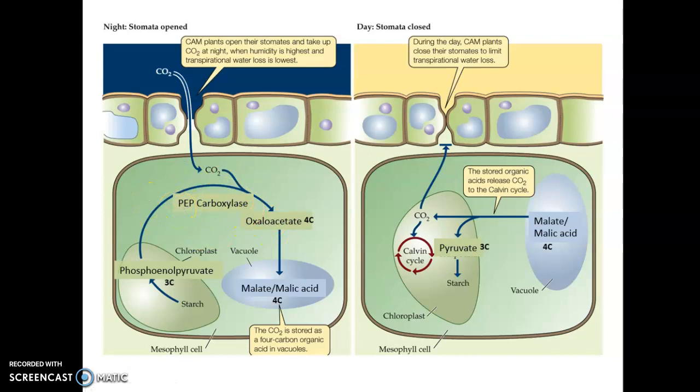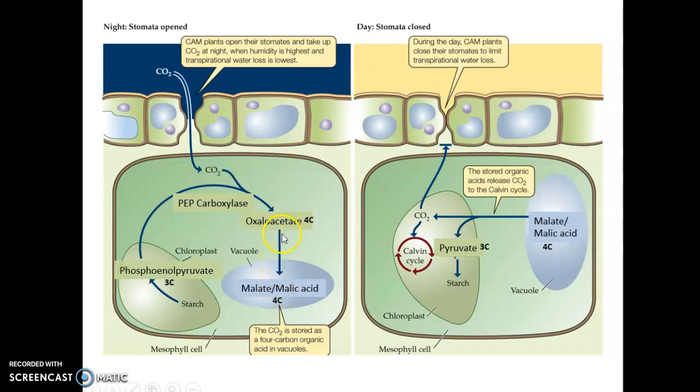Just like in the C4 pathway, this enzyme has the highest affinity towards carbon dioxide and no affinity towards oxygen, so it fixes phosphoenolpyruvate with carbon dioxide. After oxaloacetate is formed, it undergoes reduction.